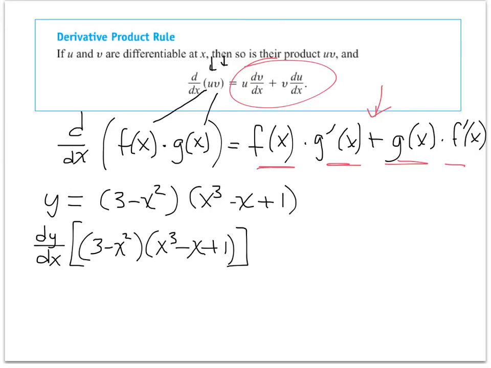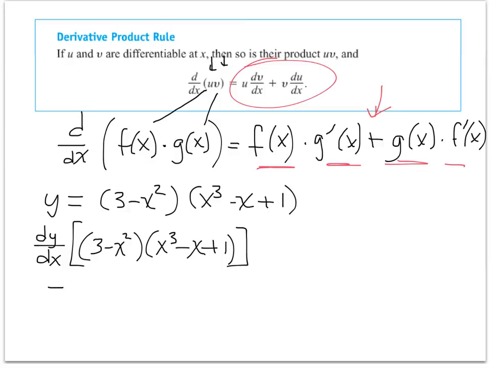There would be nothing wrong with just multiplying and distributing this out, and then you just have pure power rules. There's nothing wrong with that. I think it's more work, especially if there are more terms here. But you could multiply these out and then do the power rule on every one. You'll get the same answer. Well, let's not do that.